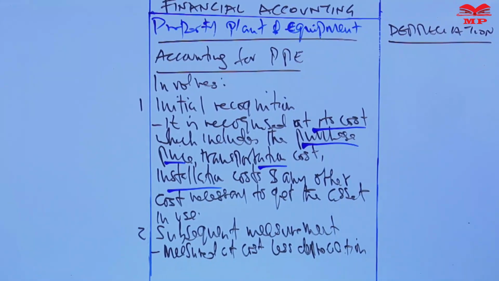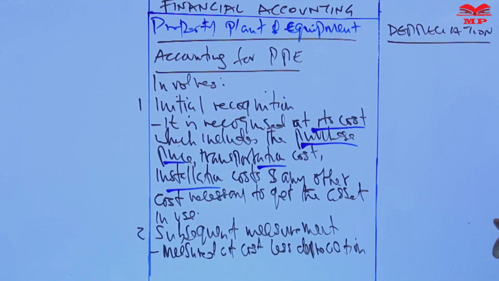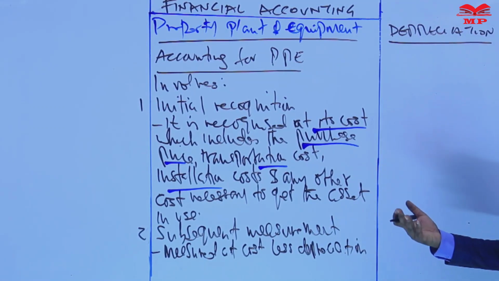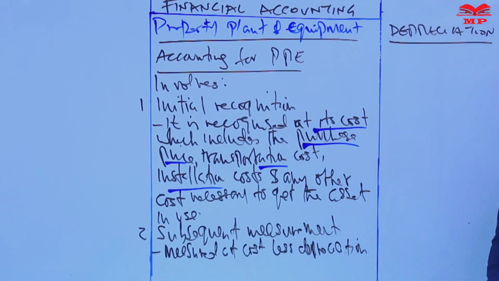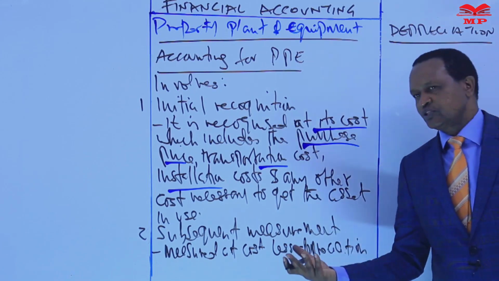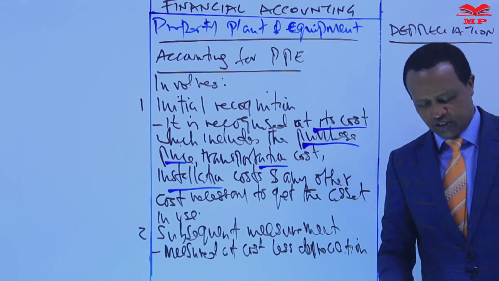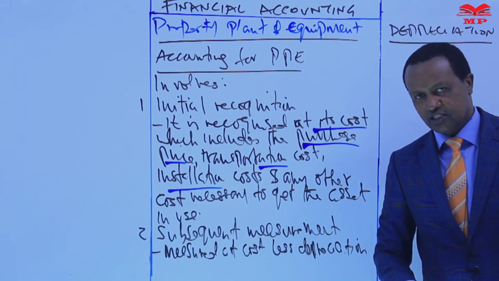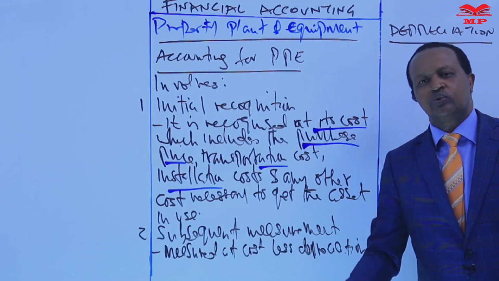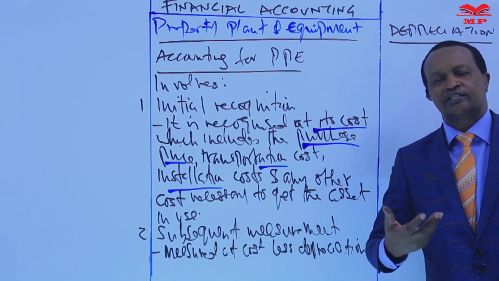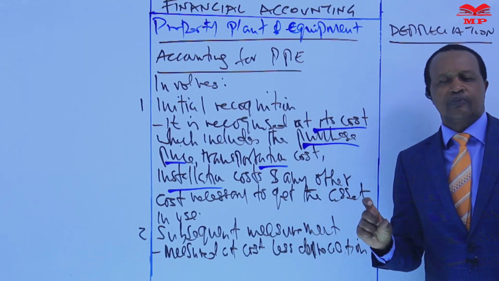Depreciation is the loss in value of an asset as a result of use. As the asset is used, it depreciates. You understand that, candidates? If you have an asset and you are using it, the asset wears out. And that wearing out is what we are referring to as depreciation.